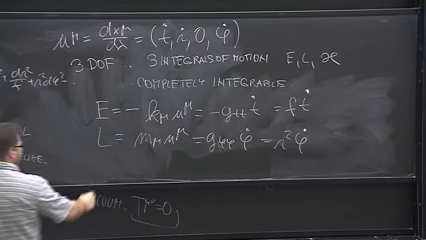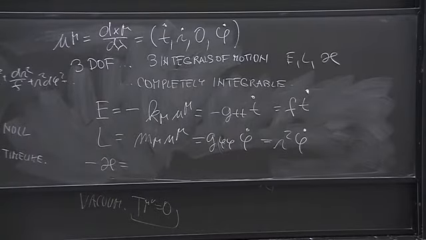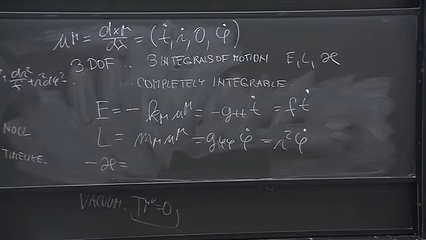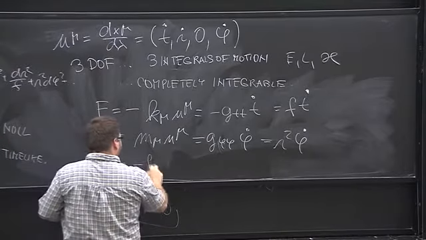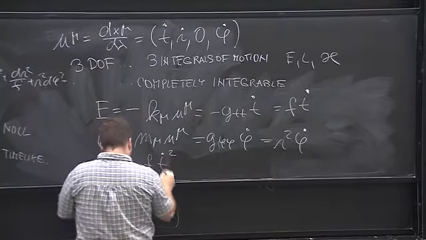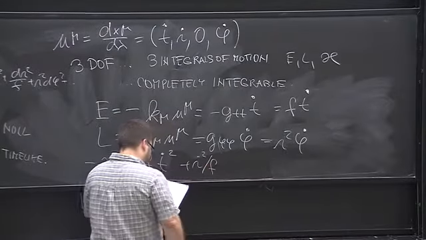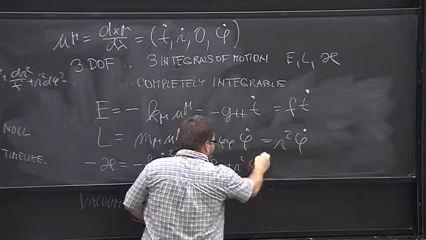And then we have this minus kappa equals to u square. And u square is simply, I see the metric and wherever I see d, I replace it with a dot. So this is minus f t dot square plus r dot square over f plus r square phi dot square.